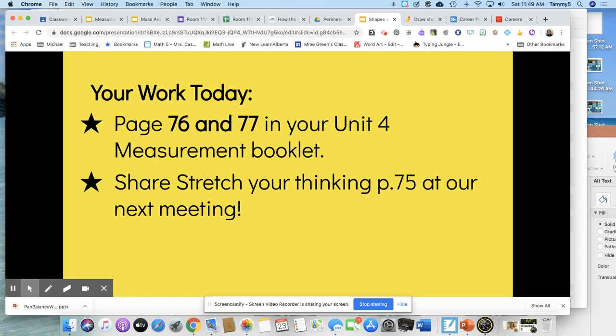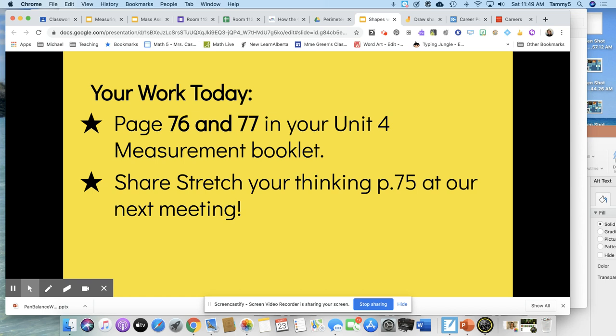Really you're just completing page 77 and then taking a picture of it to hand in. I'd like you to take a picture of page 76 as well, because the Jamboard was a shared Jamboard, and not always does everybody put their name beside the shapes. It would be wonderful if you could hand in both pages for me to take a look at.